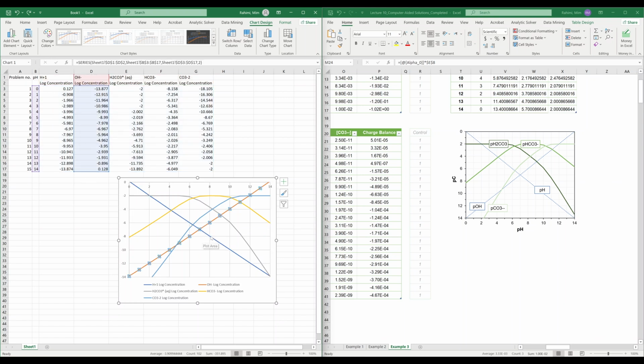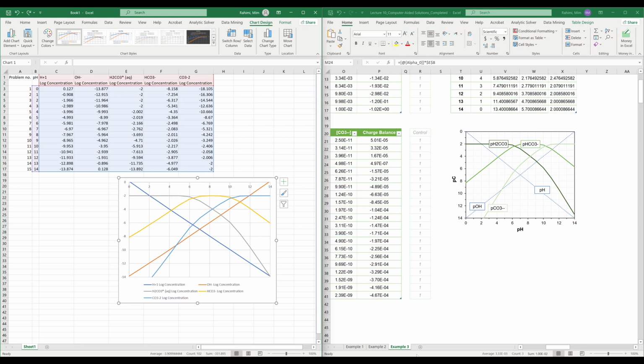This line is OH, the same as the previous case. This should be the bicarbonate, the carbonic acid, and carbonate. So basically getting the same information from the software as we did for the Excel.